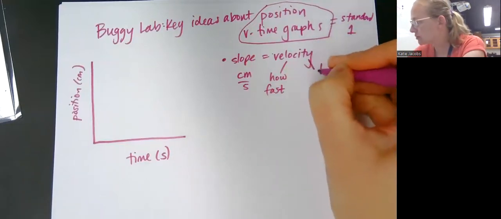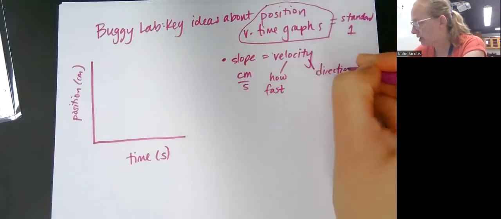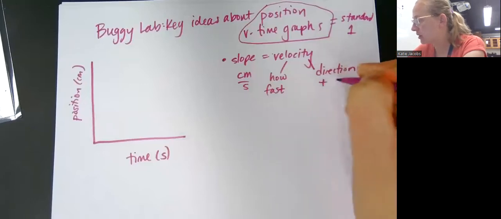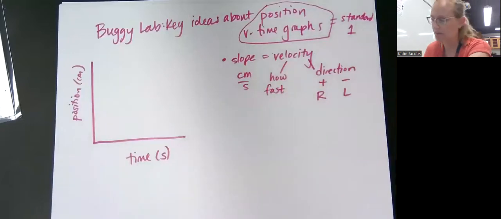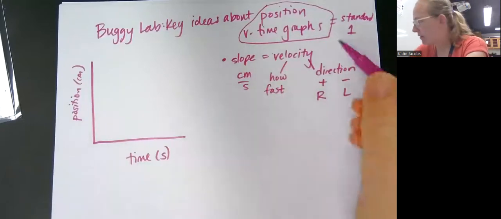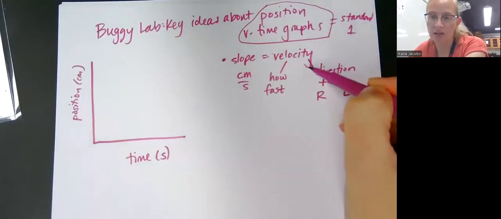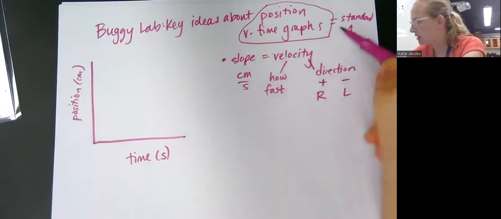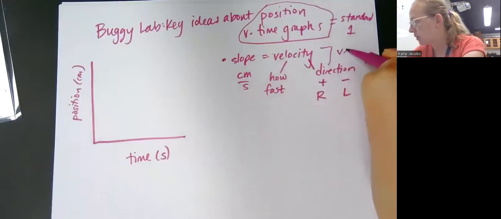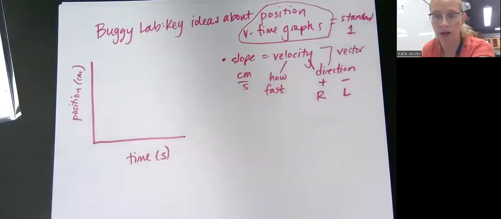It also tells you the direction the car is moving. If it's a positive slope, it's to the right. If it's a negative slope, the car was moving to the left. And therefore, since velocity has both an amount and a direction, this is a vector quantity, not a scalar quantity.